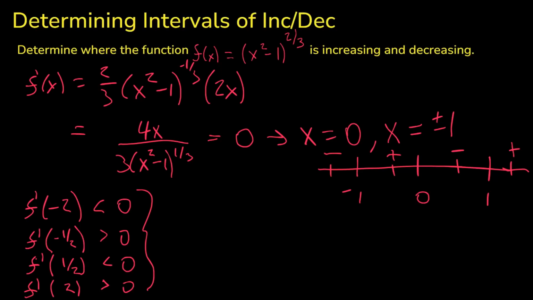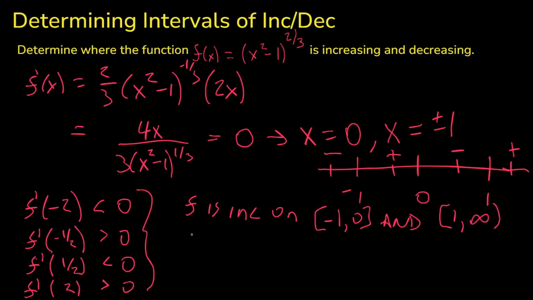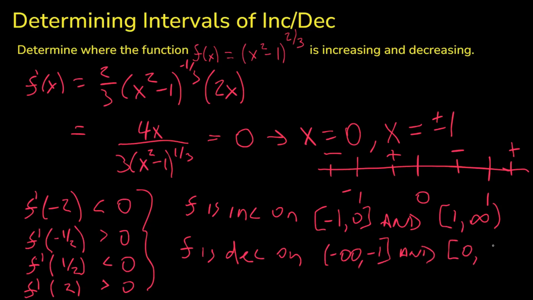So now we have our intervals. And since f is continuous on its domain, it's increasing on the intervals -1 to 0 and 1 to infinity. F is decreasing on the intervals -infinity to -1 and 0 to 1.